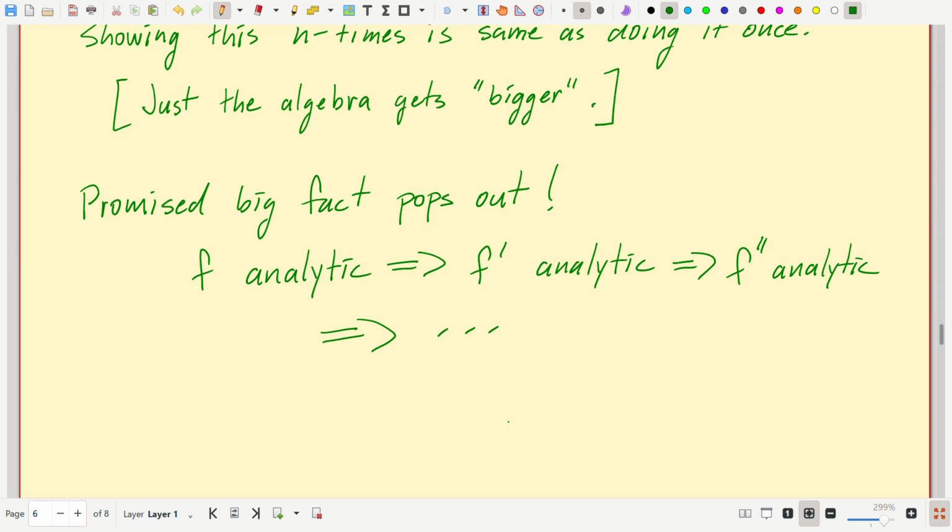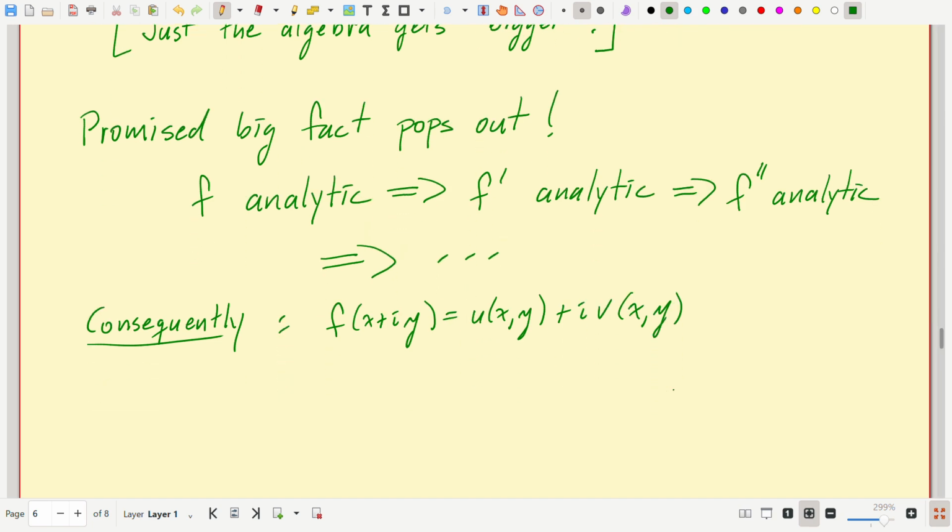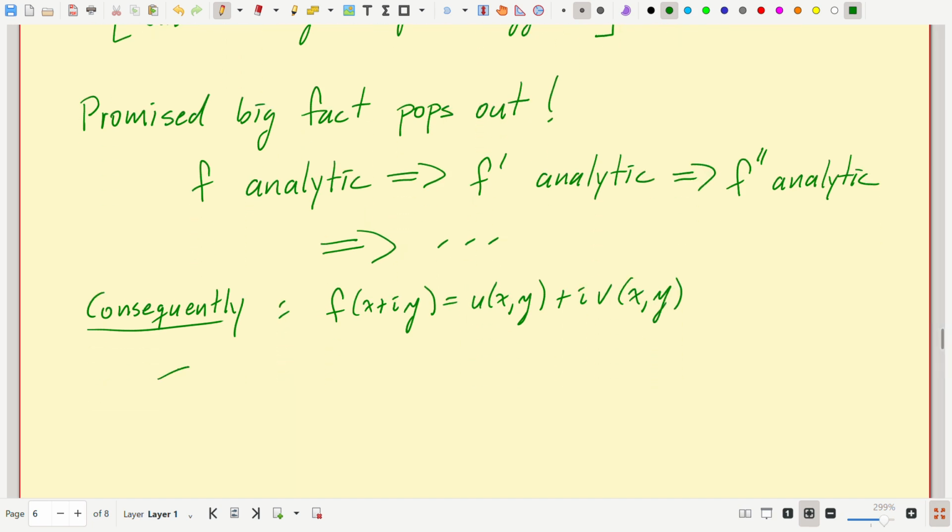So consequently, if I were to write f of x plus iy is u of x,y plus i v of x,y, we needed that fact to know that f analytic would imply that those things are harmonic and infinitely differentiable.